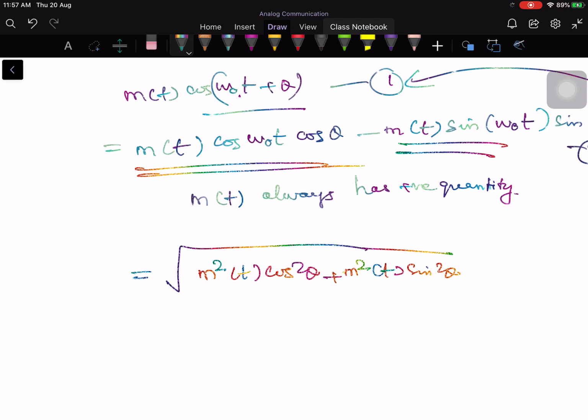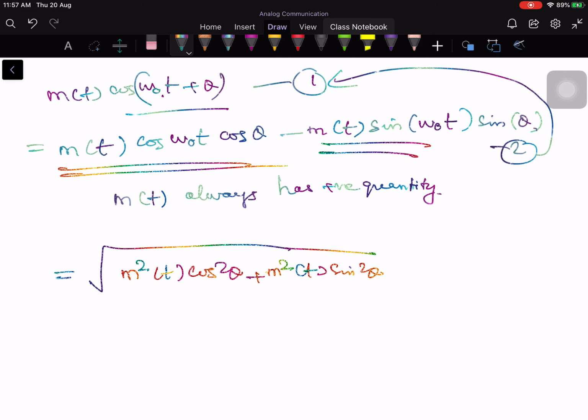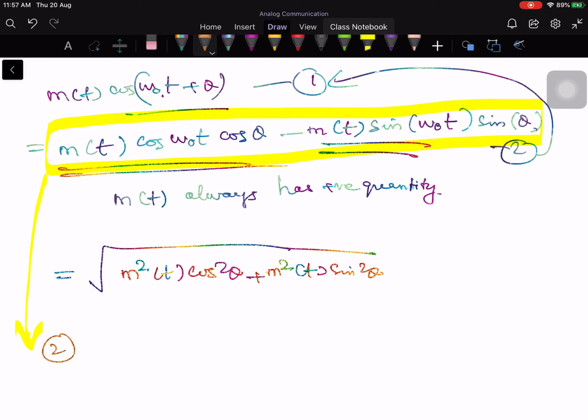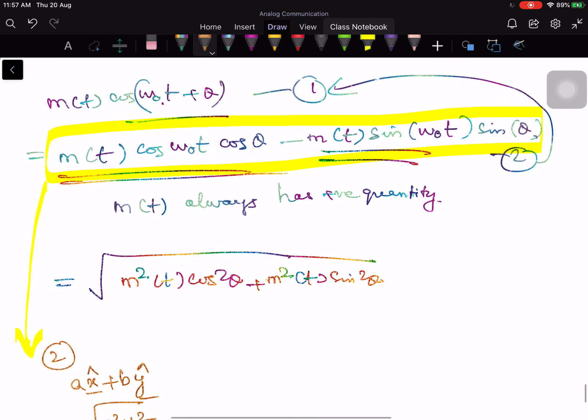How does this expression come? Take this equation 2 with, suppose you have a x hat plus b y hat. What is the amplitude or magnitude of this? Square root of a square plus b square, right? So instead of x hat and y hat, we have cos omega naught t and sin omega naught t.